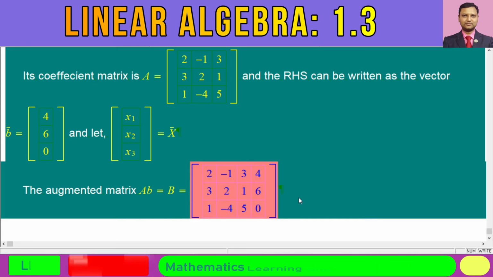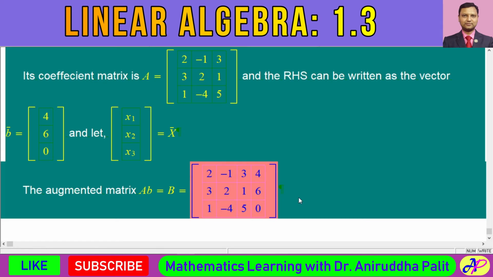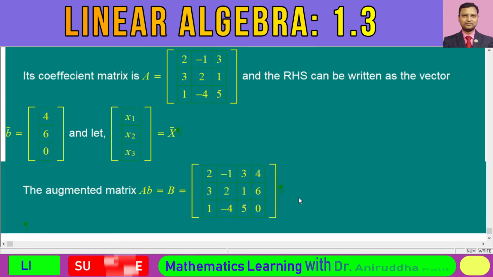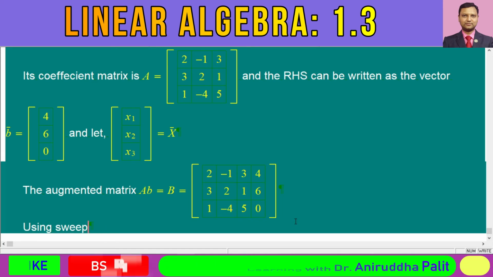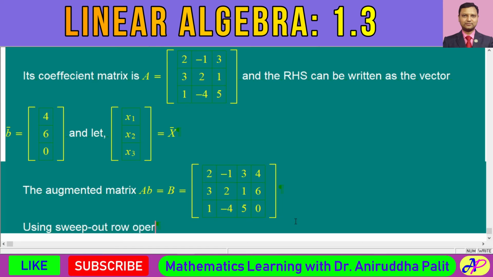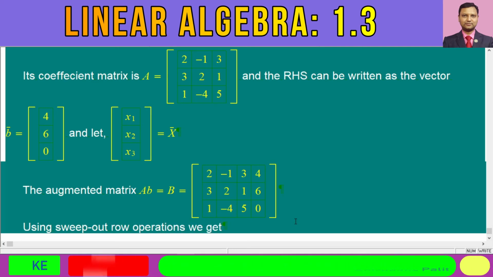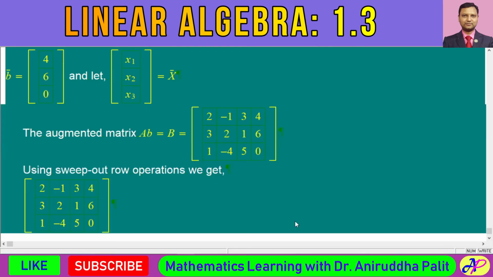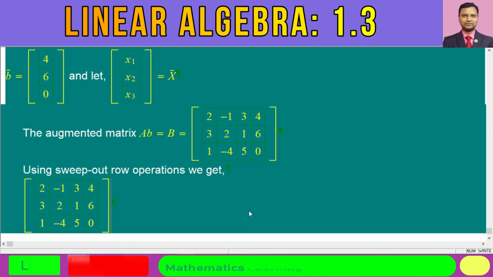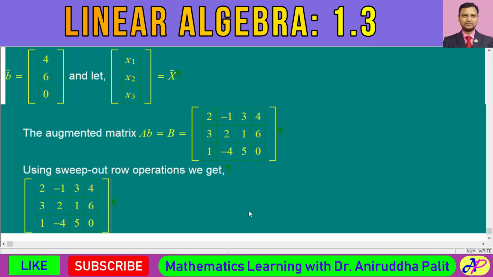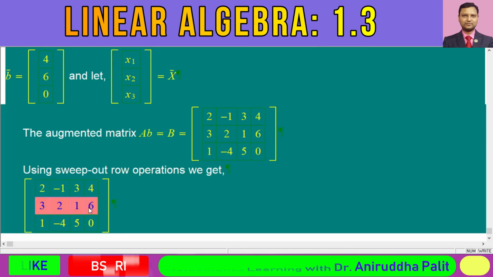Now on this augmented matrix we apply the sweep out row operations. So over here we can check using the sweep out row operation. What do we get? Let's subtract this third row from the first and second row.